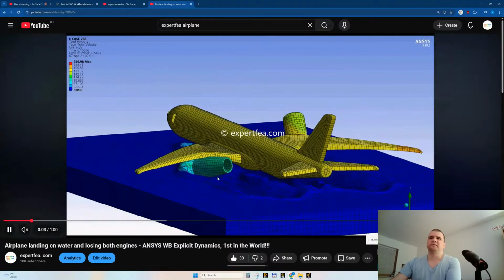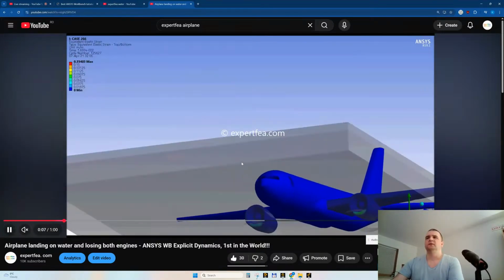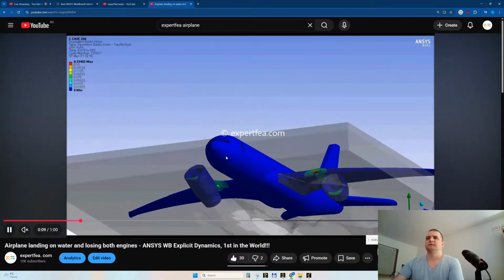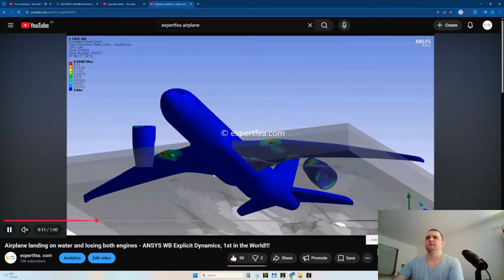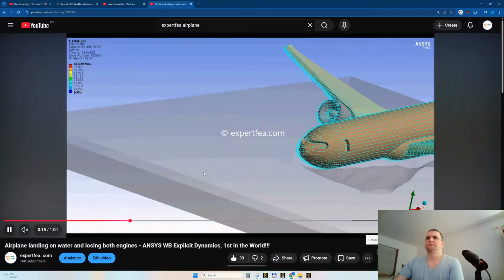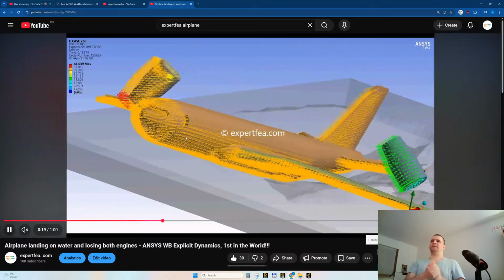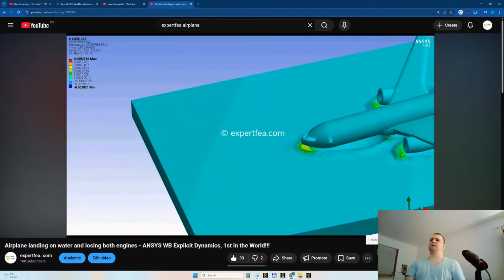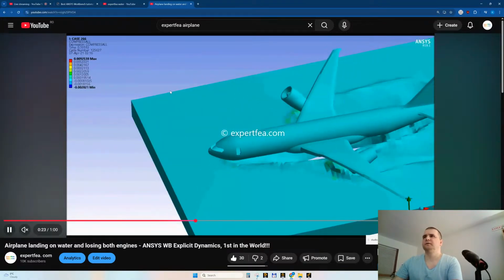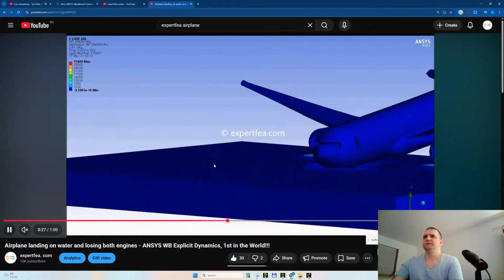Here we have waves, yes? And both engines, okay. Oh, it looks so nice. So I didn't make a 100% duplicate. We have waves.